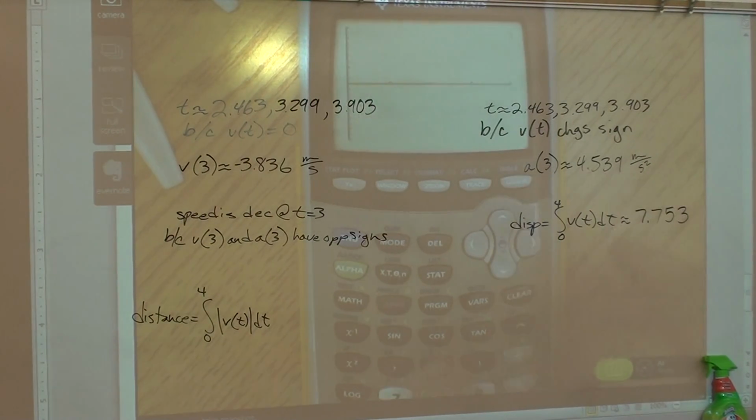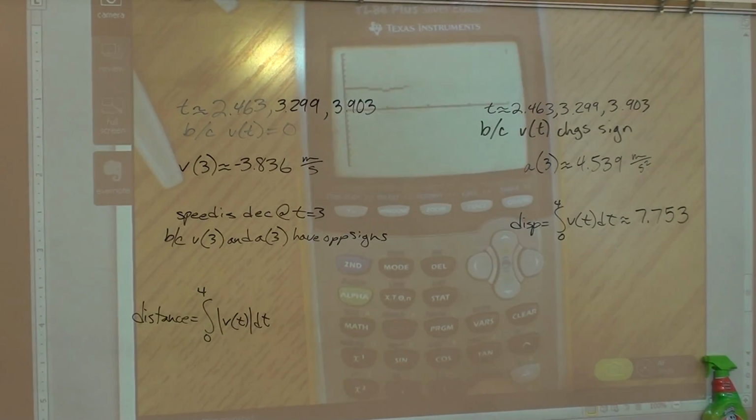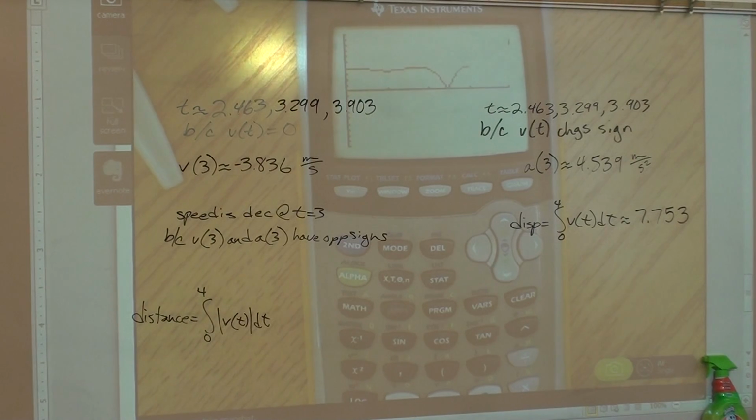Thank you. Alright, so now if you graph, it's the exact same graph, except everything that was below the x-axis is now bounced up. So now if we do our integral from 0 to 4, this will give us the entire distance. It'll take a little longer.